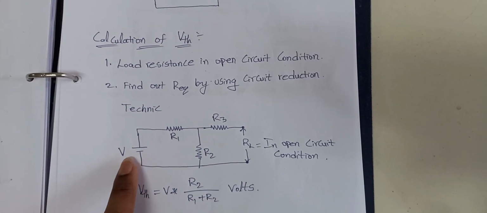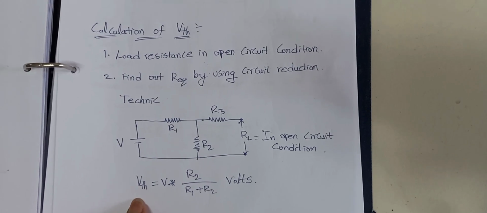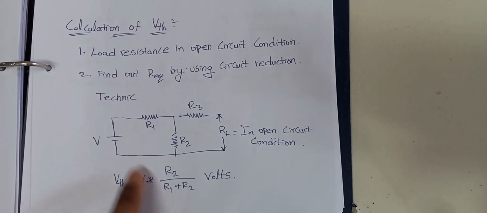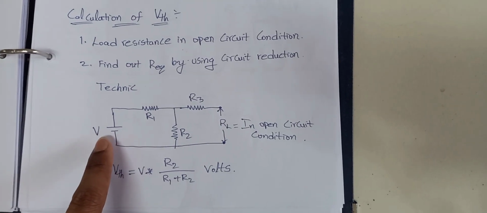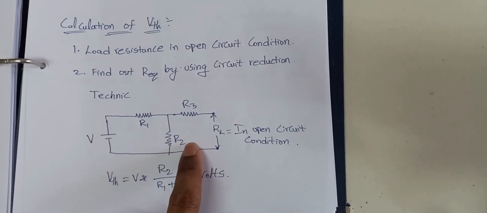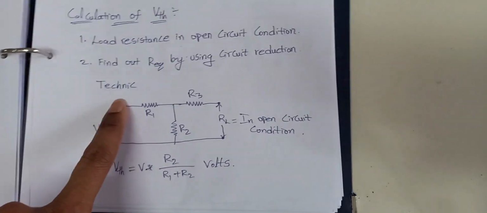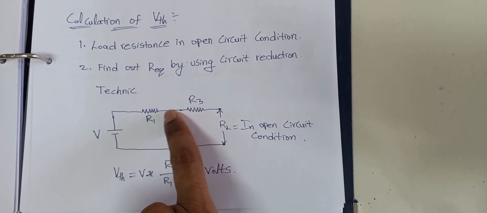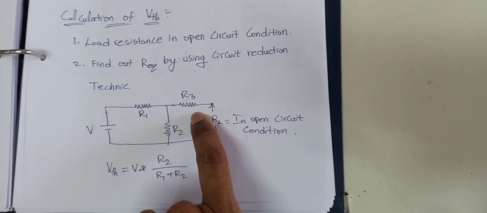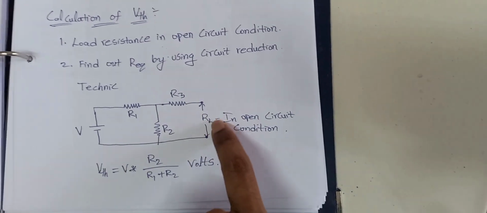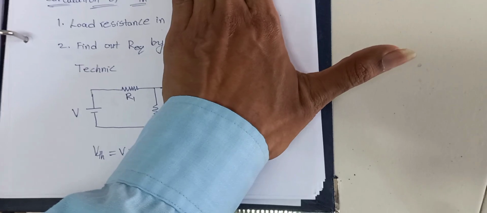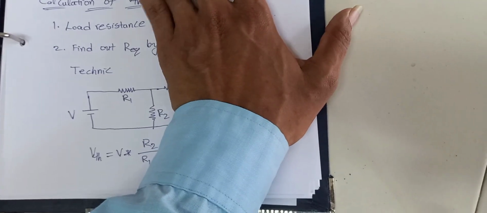According to this formula, it is the opposite resistance by the total resistance. What is the opposite resistance of this voltage source? R2 by the total resistance R1 and R2. This R3 is completely useless, because there is no flow of current through it, as the load resistance is in open circuit condition. That's why only this circuit is applicable.